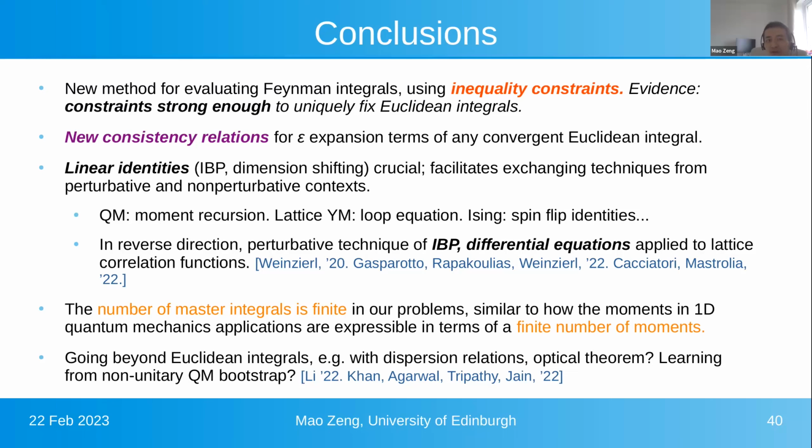But for Feynman integrals, the situation is actually quite tame. And then for future work, it will be interesting to think about ways to go beyond Euclidean Feynman integrals, because for real applications, eventually you also need to deal with Lorentzian Feynman integrals with imaginary parts. Thank you very much.